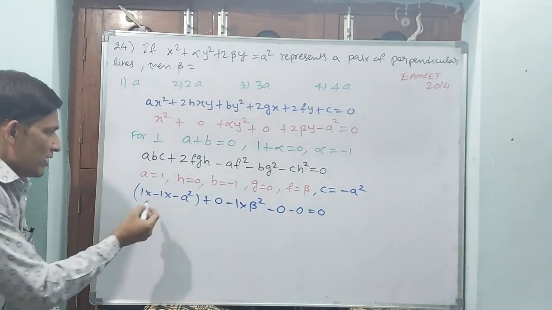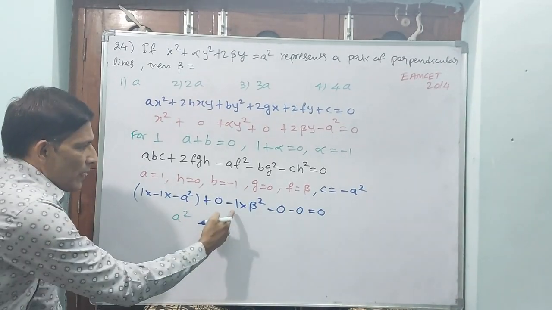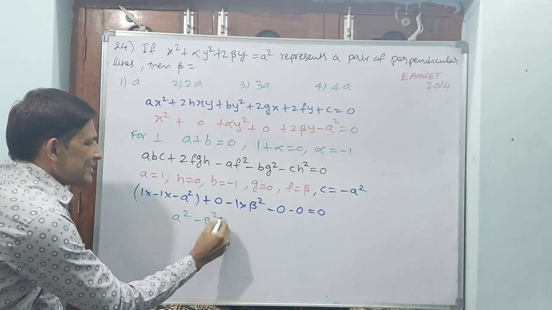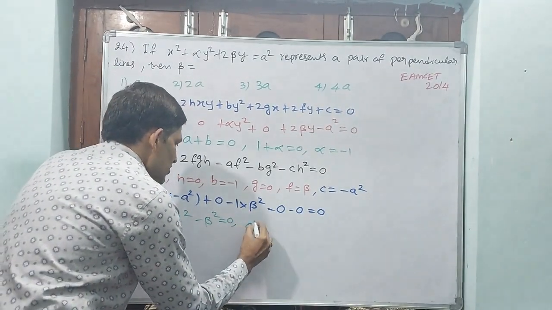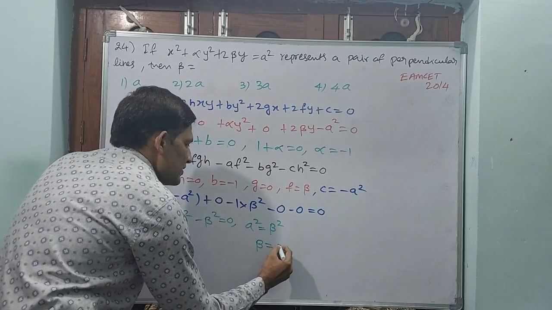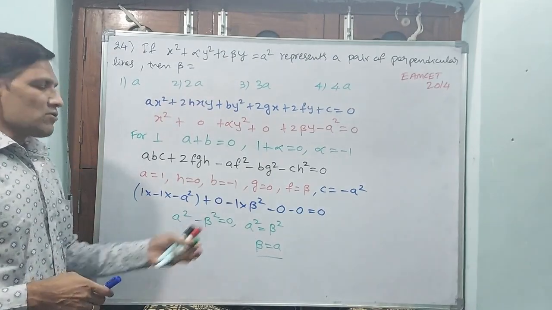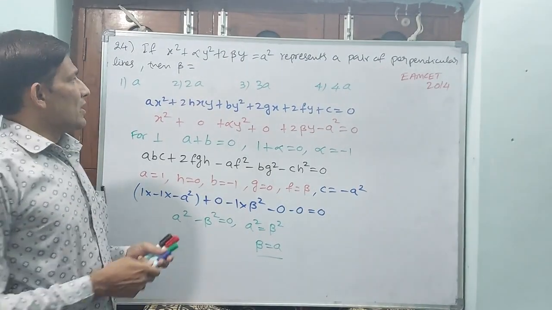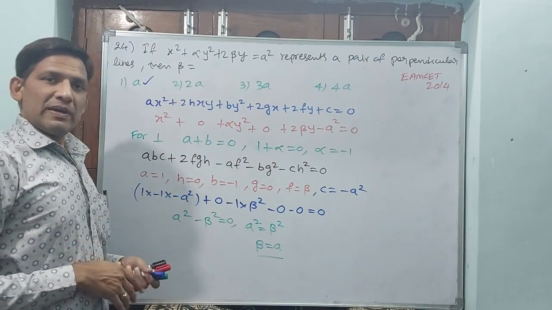If you observe carefully, minus of minus is plus a square minus beta square is equal to 0. That means a square is equal to beta square, or beta is equal to a. Beta is equal to a is your answer. Let us go for the next question.